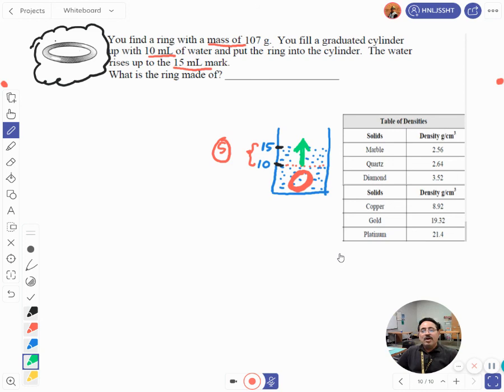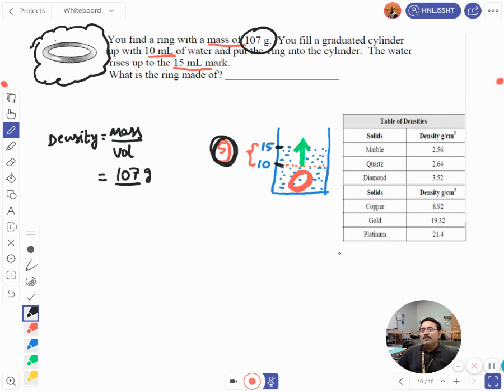Therefore, here, first of all, let's find the density. You know that density equals mass per volume. So what is the mass? It's given that 107 grams. And what is the volume? Just now we found that it is 5. Please, 10 to 15 it is increased.